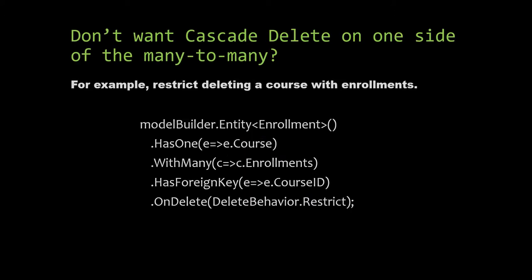And of course, we have to think about cascade delete as well. Usually in a situation like this, you would want cascade delete on one of the relationships. For example, if you're going to remove a student, it makes sense to remove all the enrollment records for that student, whereas you would want to be prevented from deleting a course if there are any students enrolled in it. So in our case, we're going to do the medical history of a patient.